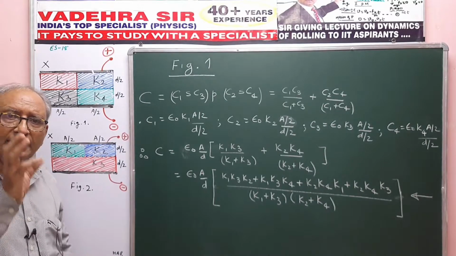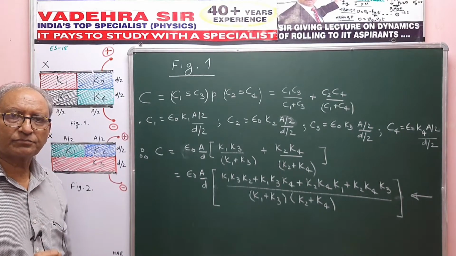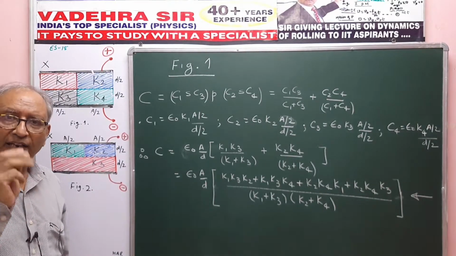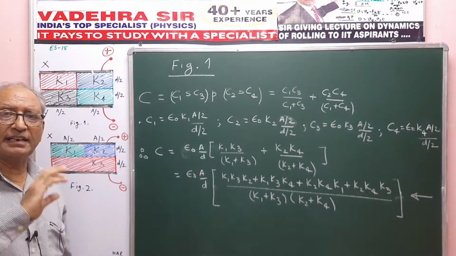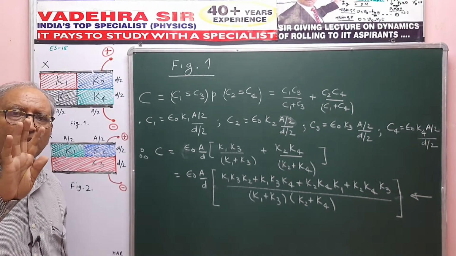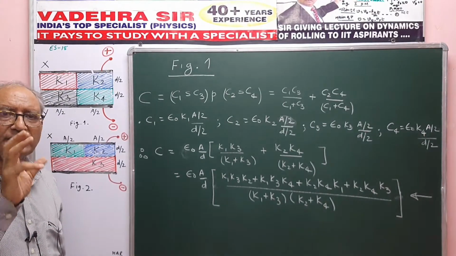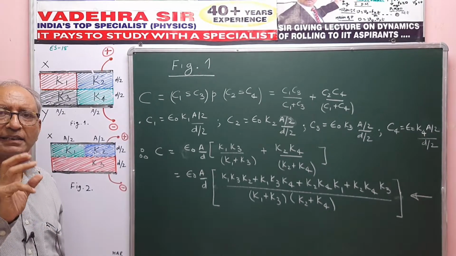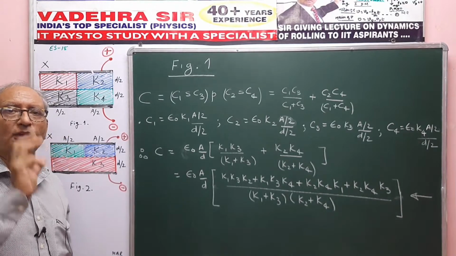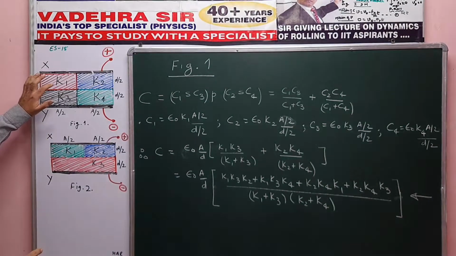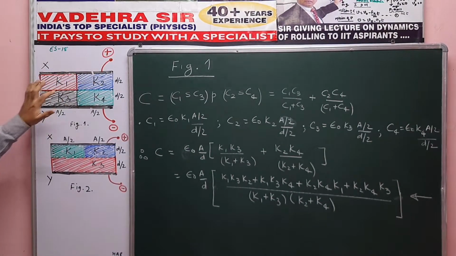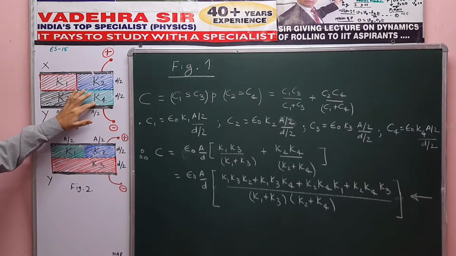Now, in this capacitor, I fill up its entire volume with four dielectrics, each dielectric occupying a quarter of the volume. Kappa 1, Kappa 2, Kappa 3, Kappa 4.